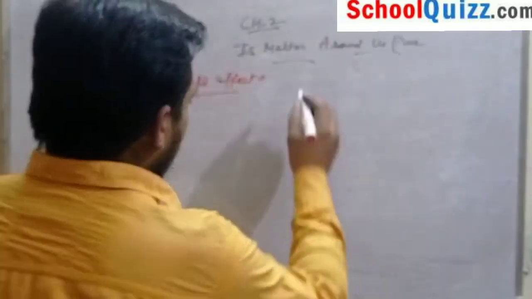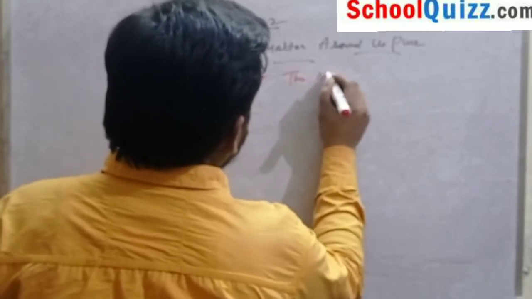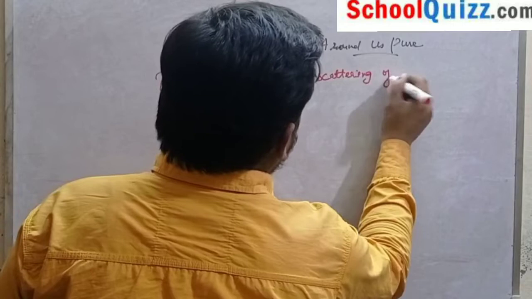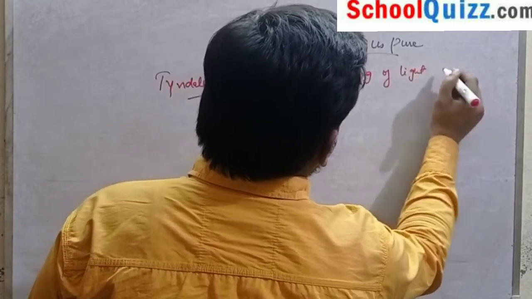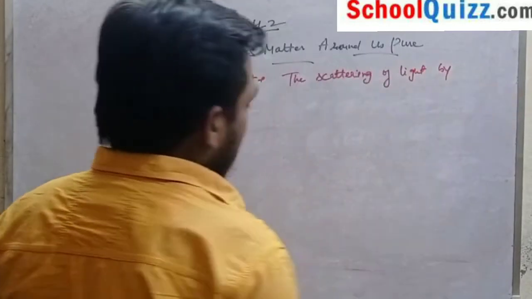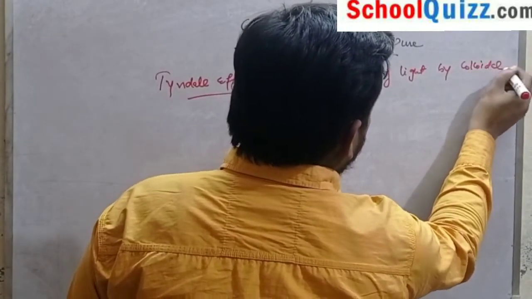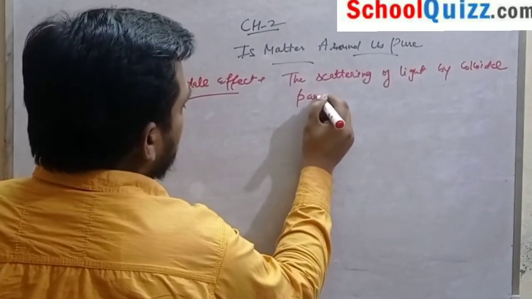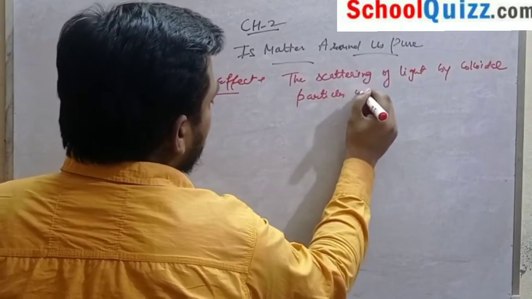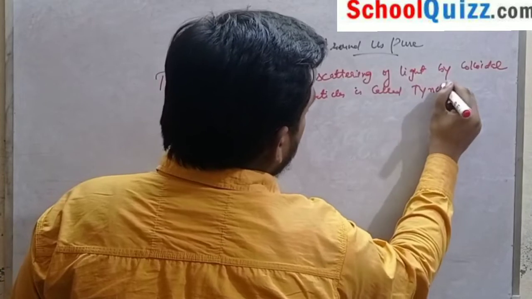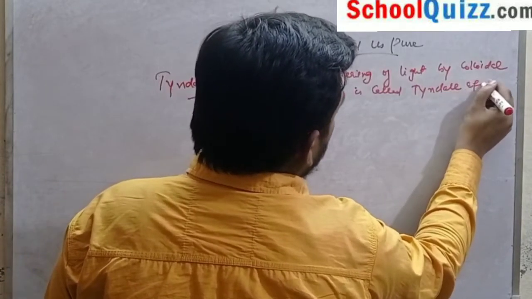The scattering of light by colloidal particles is called Tyndall effect.